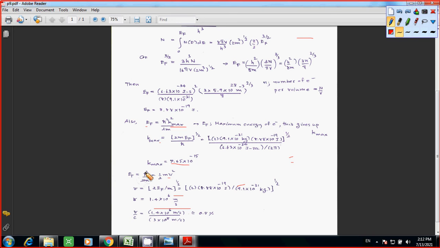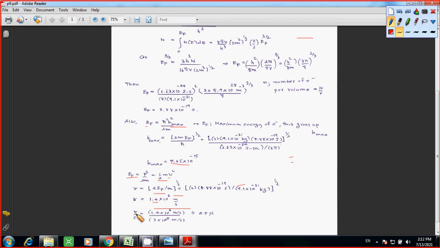Your EF simply equals p squared over 2m. That's the momentum, and that's equal to the kinetic energy, one half m v squared. So your v equals this expression. You end up with v equal to 1.4 times 10 to the 6 meters per second.